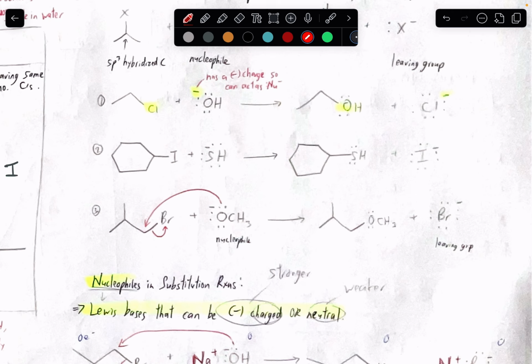You put the arrow here. Oh yeah, I almost forgot. Going back to the first example, you don't just put an arrow here. You indicate that there's an arrow going to the leaving group. That's what indicates this one. The same thing here.